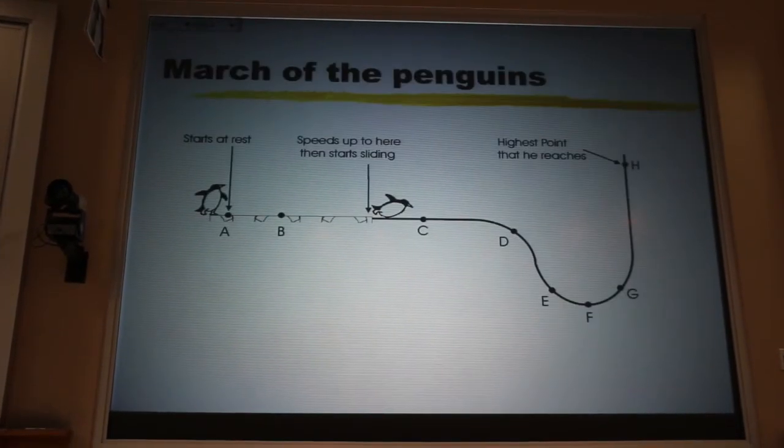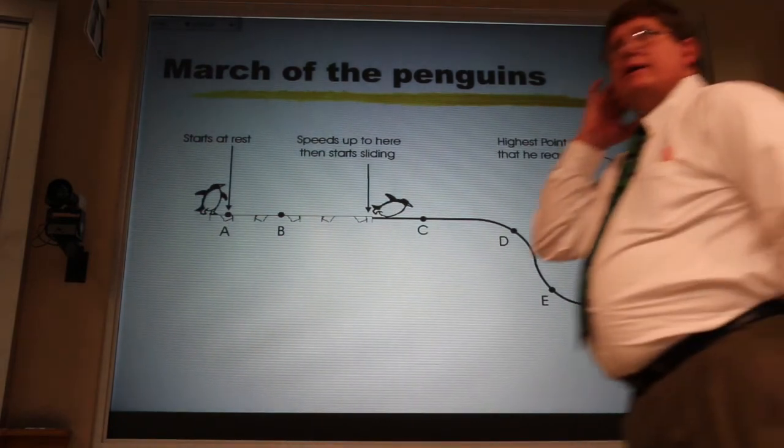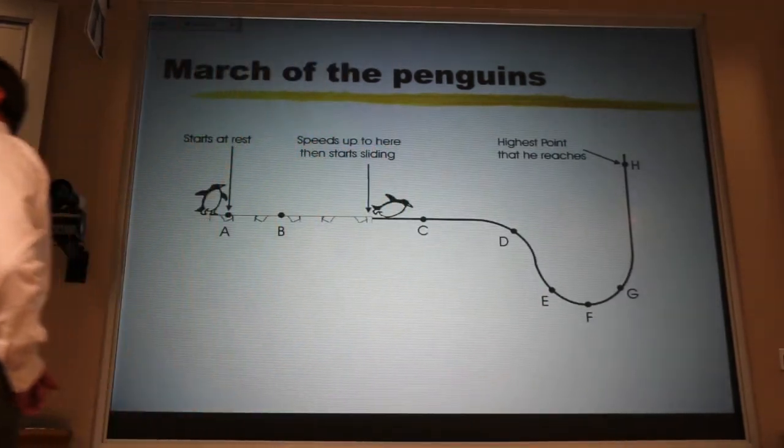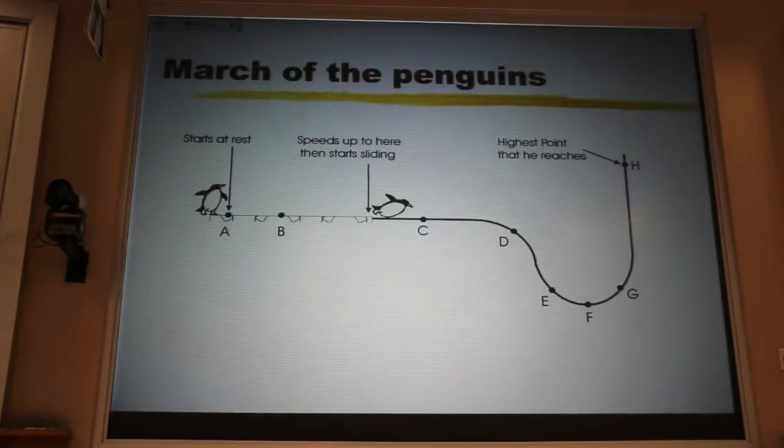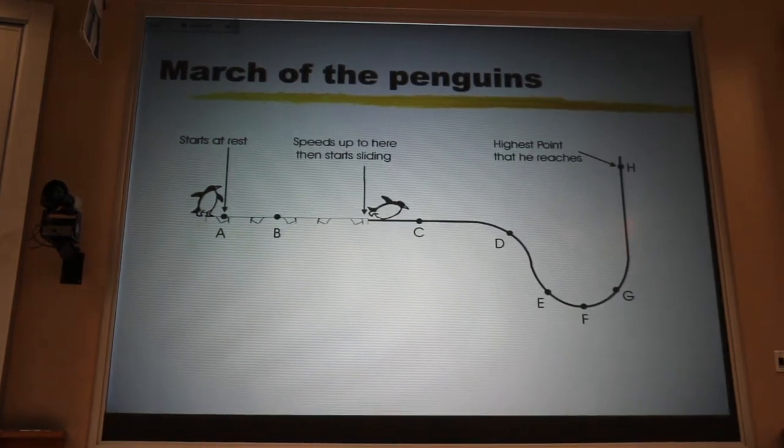Okay, before we go and lose all our time, I want to make sure that you know how to do these problems where you're asked to find the direction of the velocity and the direction of the acceleration for two-dimensional motion. I have this problem called the March of the Penguins.